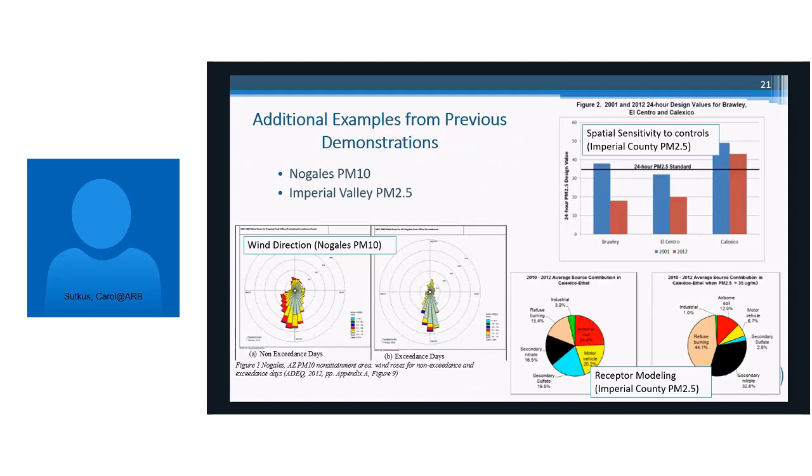But by the time you get near to the border, those reductions between 2001 and 2012 are not happening, which is suggestive in general that controls that were effective in Brawley were not similarly effective near the border, suggesting an international impact.